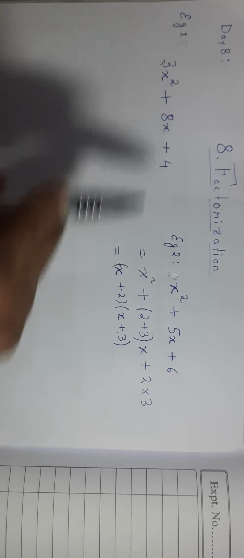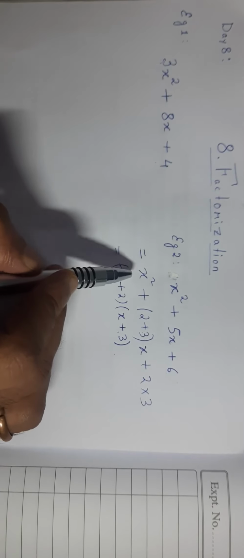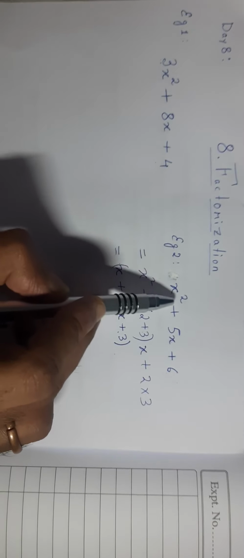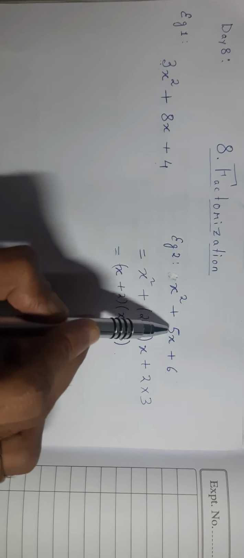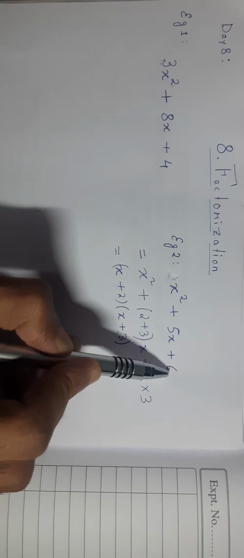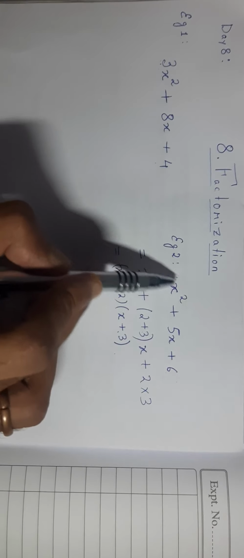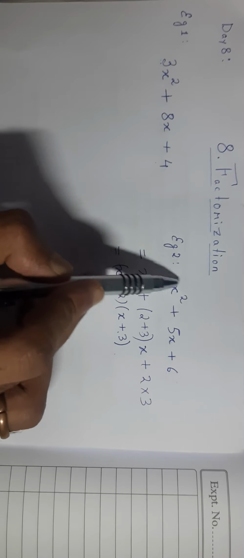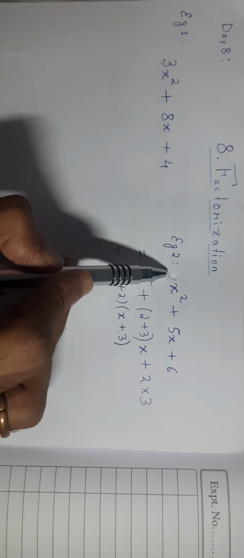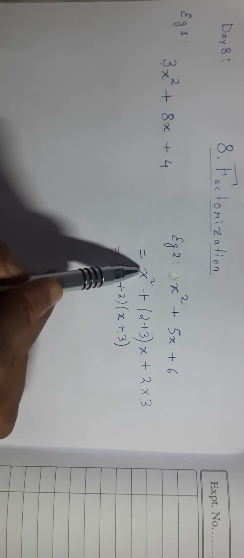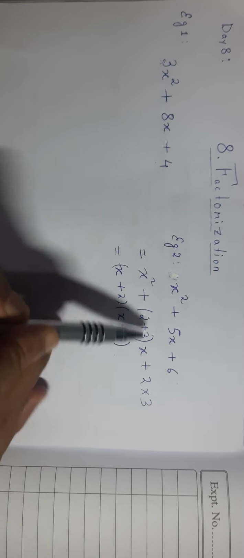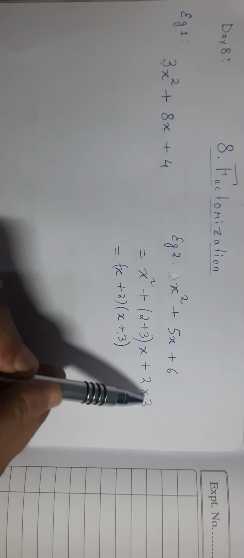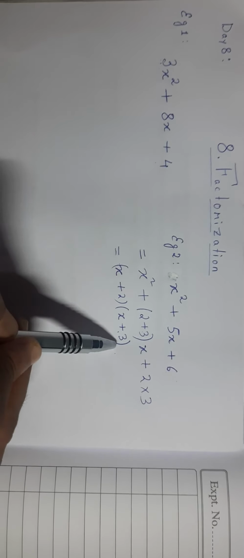Now, all these days, in the previous videos also, the questions were based on x square plus something plus the next number. That means whatever question we have dealt with, there the coefficient of x square was 1 only, and therefore we could easily apply the fourth identity that we have seen, x square plus a plus b x plus ab, which is x plus a times x plus b.